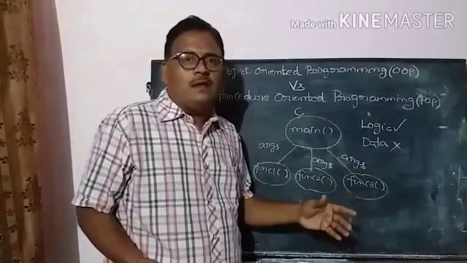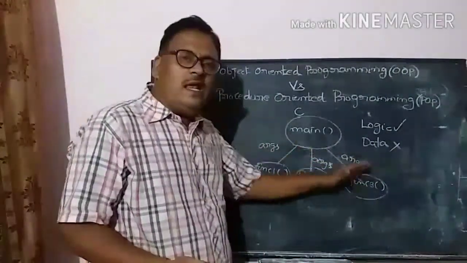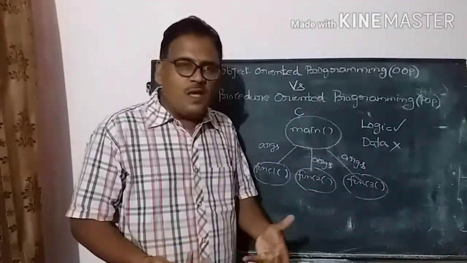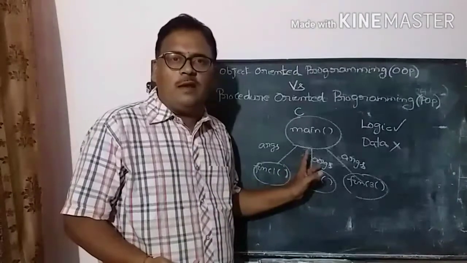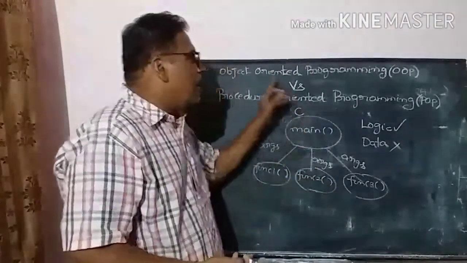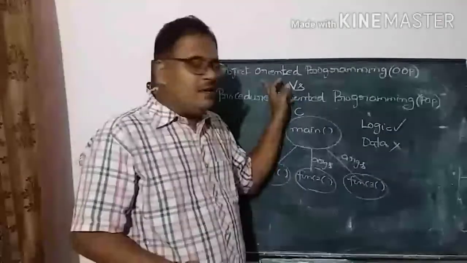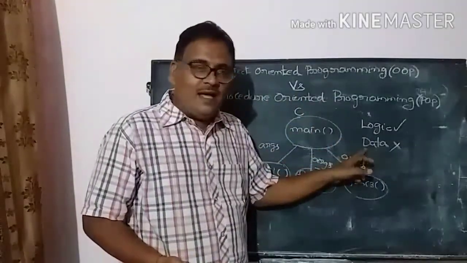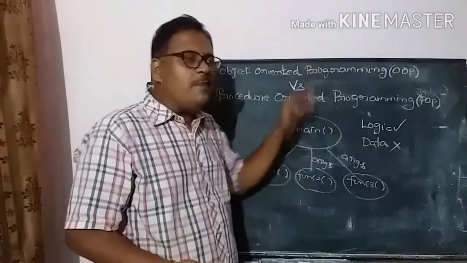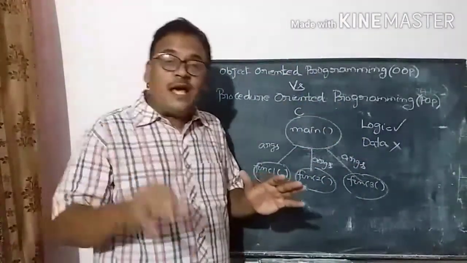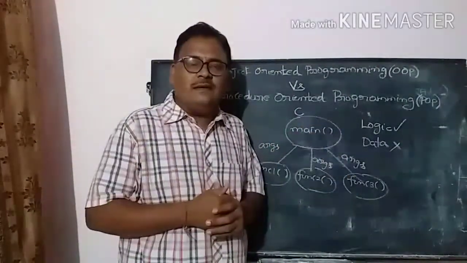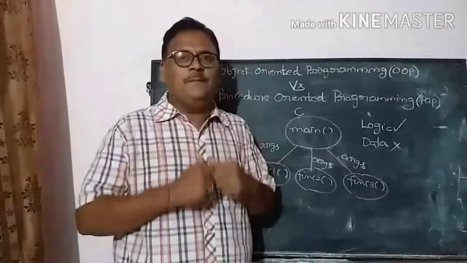What will happen? Data can be moved freely around the functions, so data may be misused in procedure oriented programming language. In object oriented programming language, we concentrate on data rather than logic. In this, the entire program is divided into a number of entities called objects.